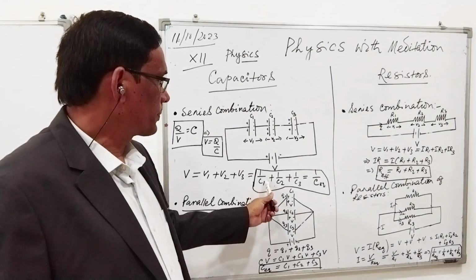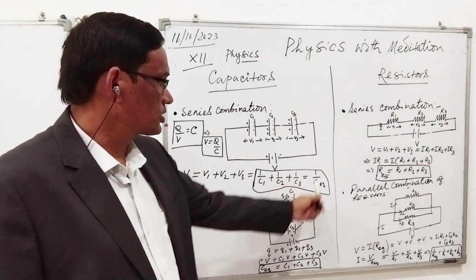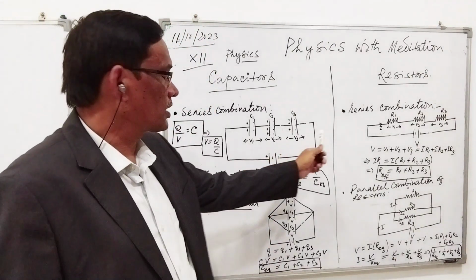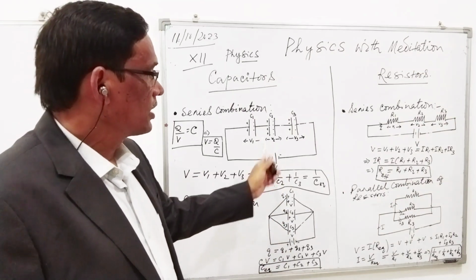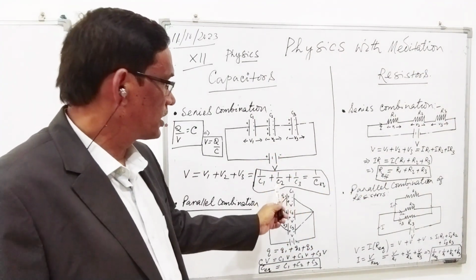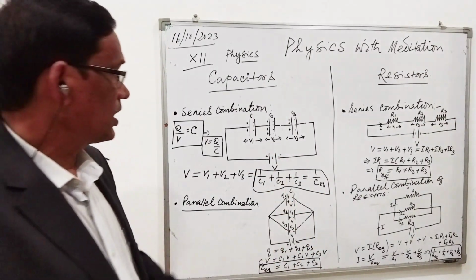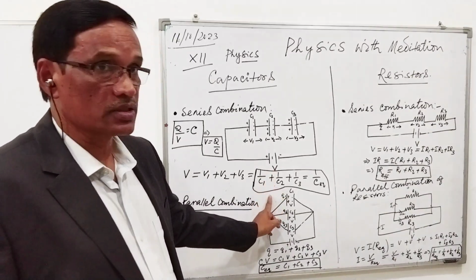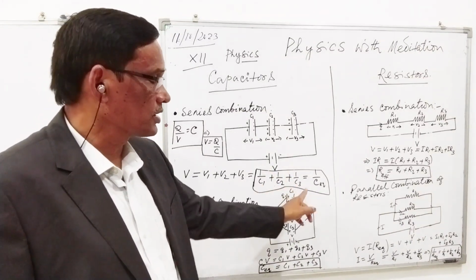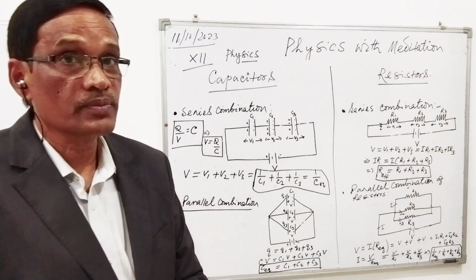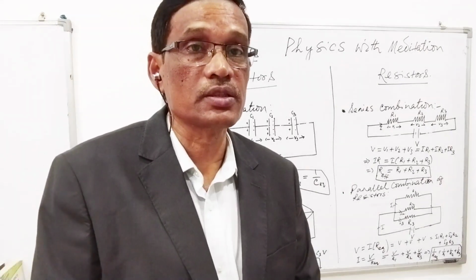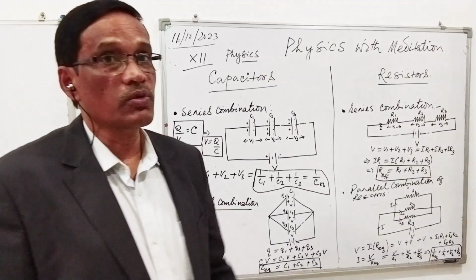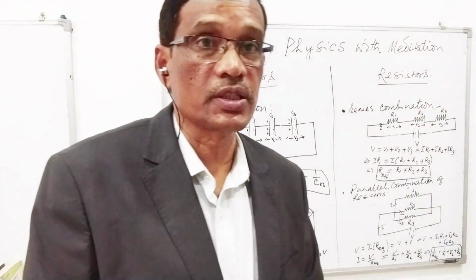So 1 upon C1 plus 1 upon C2 plus 1 upon C3 should be 1 upon C equivalent. What do you say? When the capacitors are connected in series, the inverse of the capacitances added up together will give you the inverse of the overall capacitance.